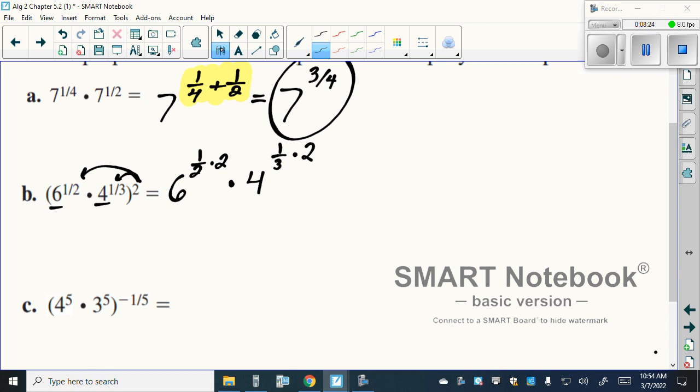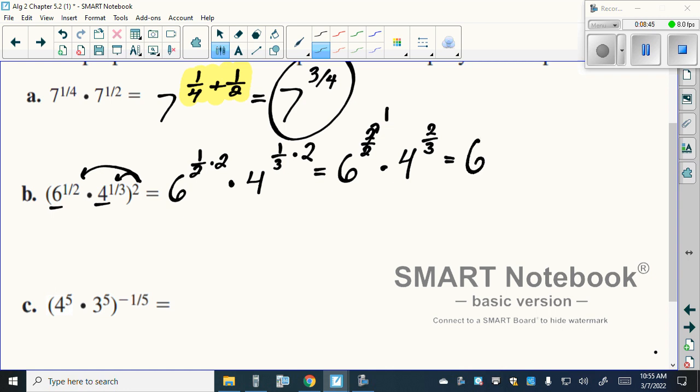And if we do this multiplication, 6 to the 1/2 times 2 would be 2 over 2, times 4 to the 2/3. Well, 6 to the 2 over 2, 2 divided by 2 is 1.